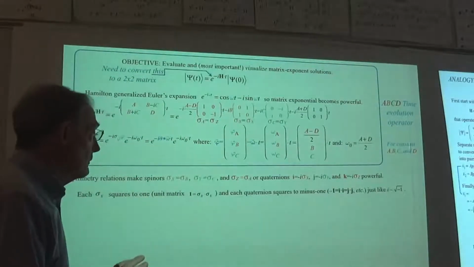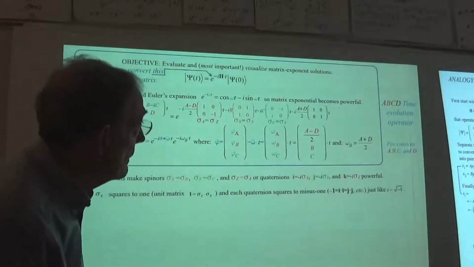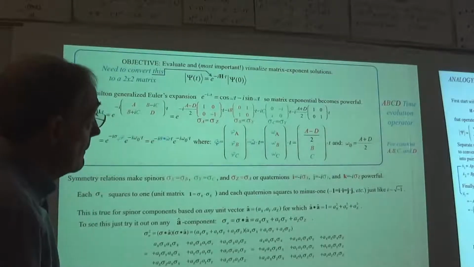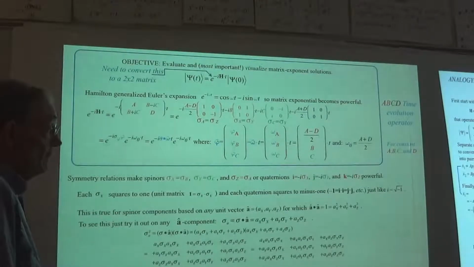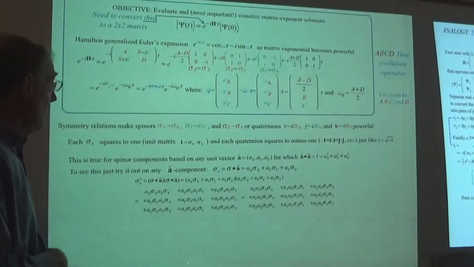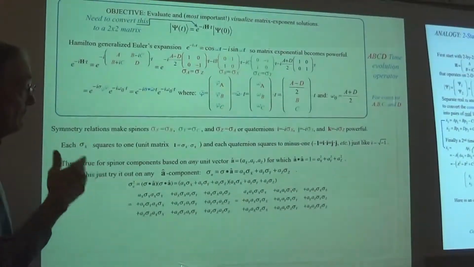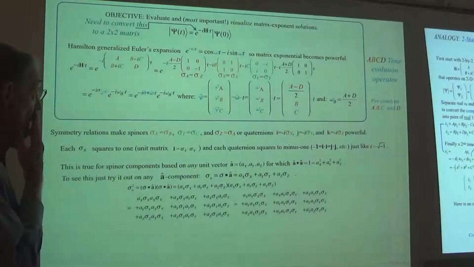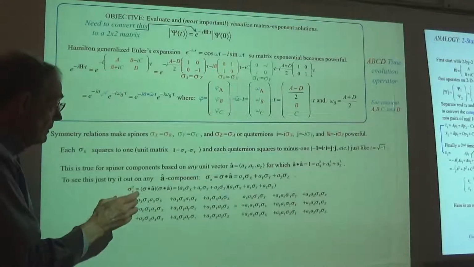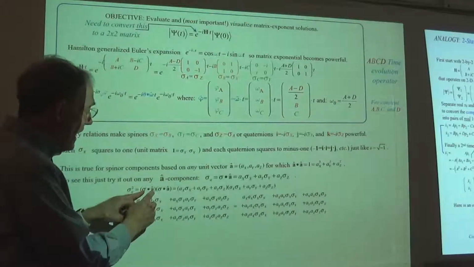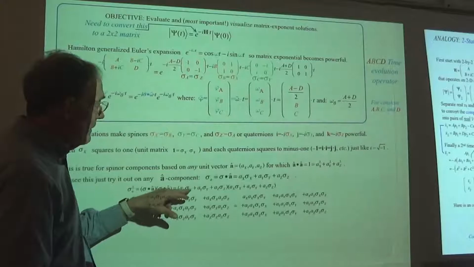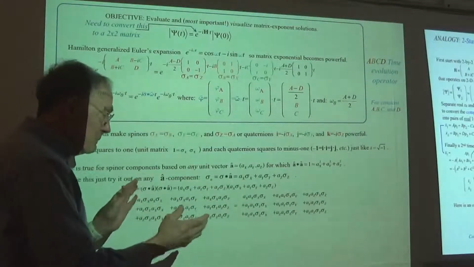That makes it mathematically interesting, but it makes it very powerful for dealing with two-level systems, such as optical polarization, which was really the first application of much of this by John Stokes in 1865. So that comes 20 years after Hamilton. So the spinor components here that we're talking about, I'm going to go ahead and take a sigma dot unit vector. That is AX, AY, and AZ will be components, three components.